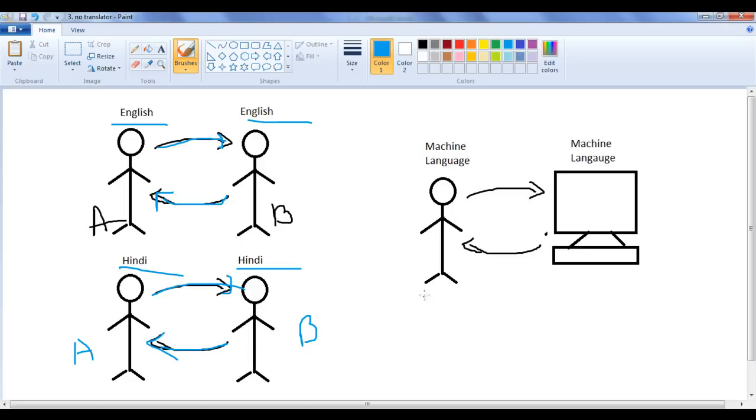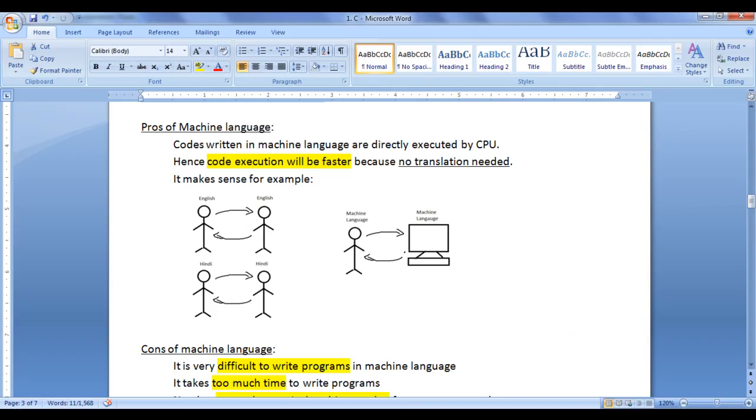Similarly, if a programmer knows machine language very well and tells something in machine language to the computer, of course the computer also knows machine language, hence it can understand, perform the operation, and give the result back in machine language, and the programmer can understand that machine language. So there will be no problem with communication if both of us know machine language. That is the reason we need to learn machine language.